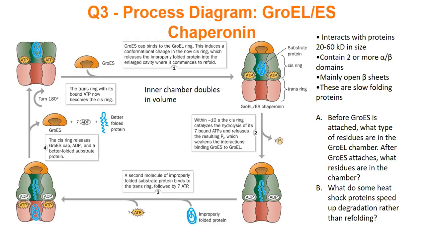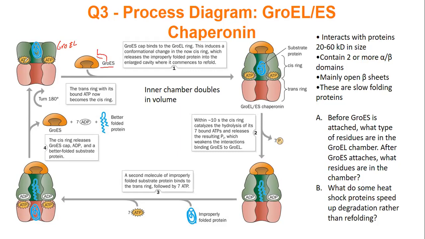So we're going to go through the process of one chaperone called GroEL, GroES. GroEL and GroES are actually two proteins that work together. GroEL is the chamber, GroES is its little hat.